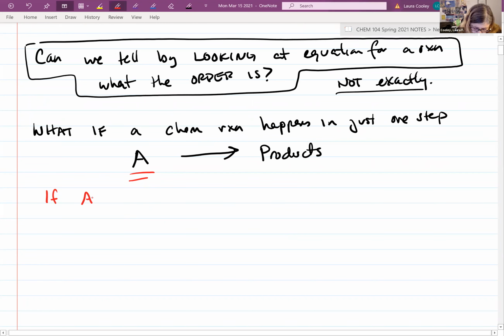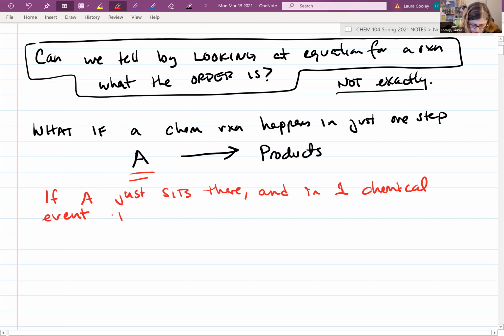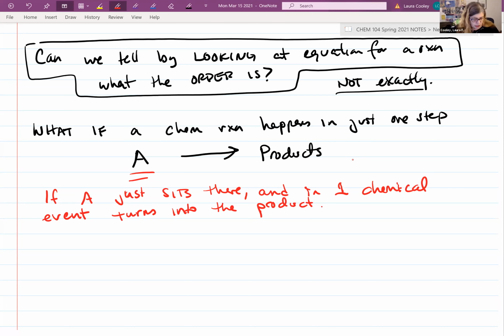So if A just sits there and in one chemical event turns into the product. In other words, if this reaction happens as written, so there's not a whole bunch of steps in the background. It happens as A turns into products.